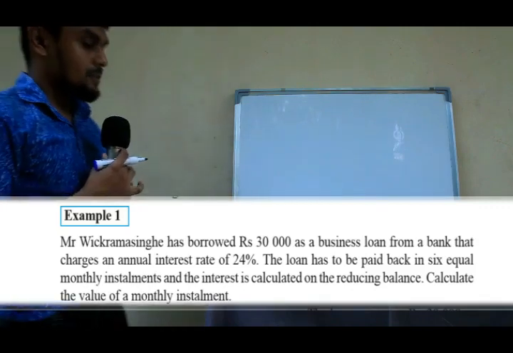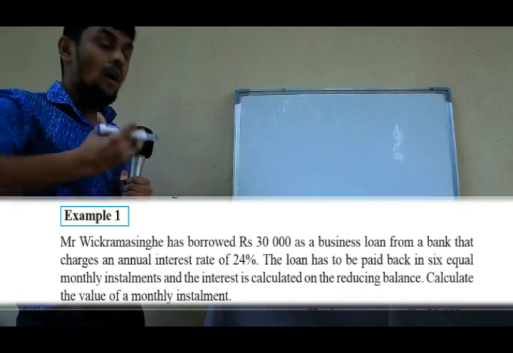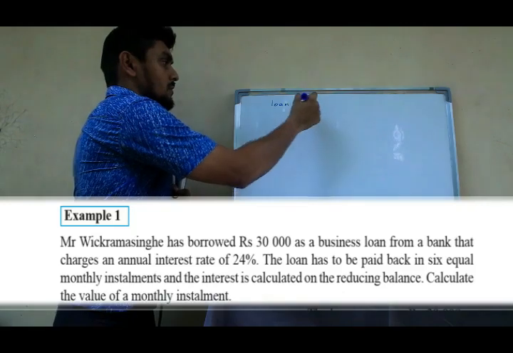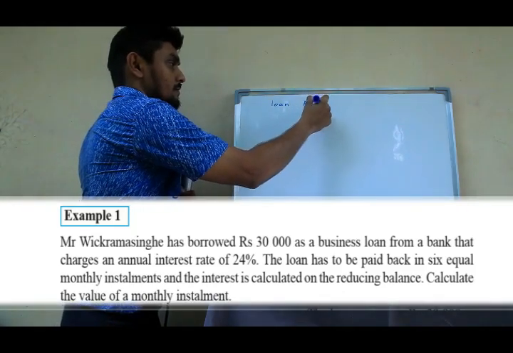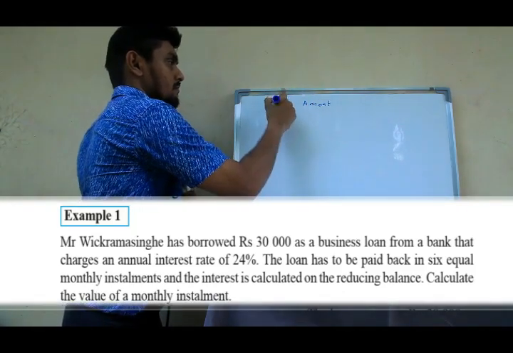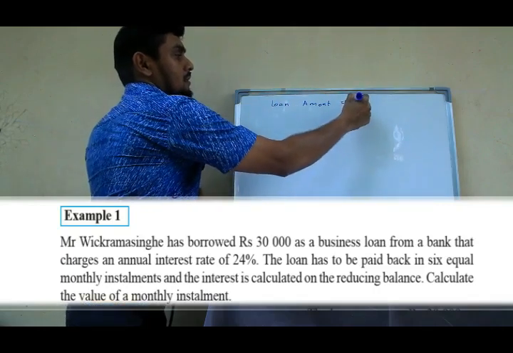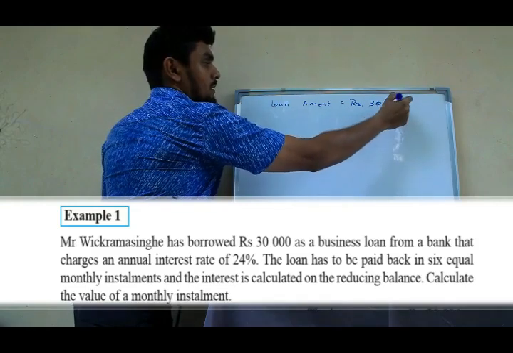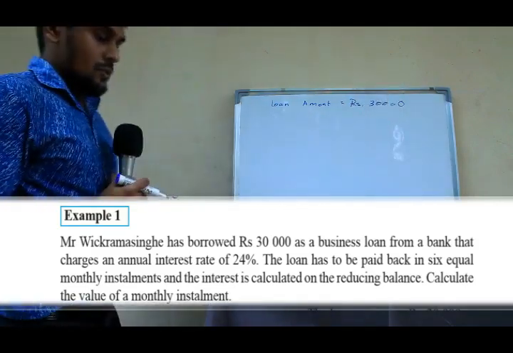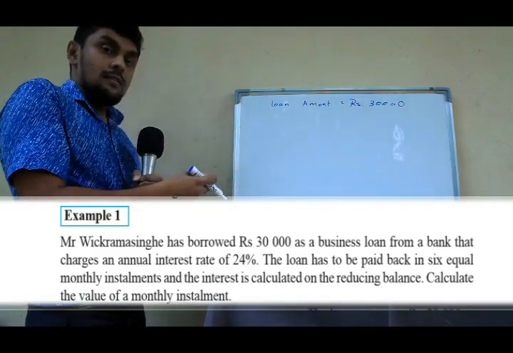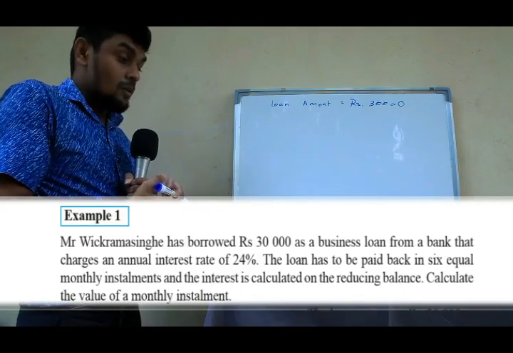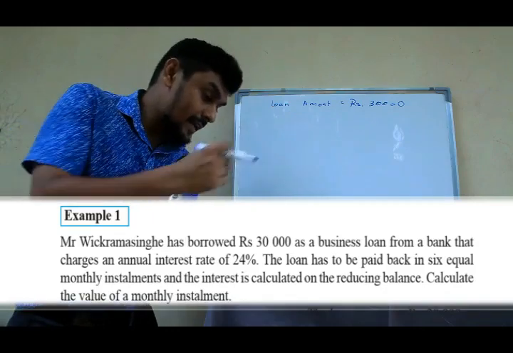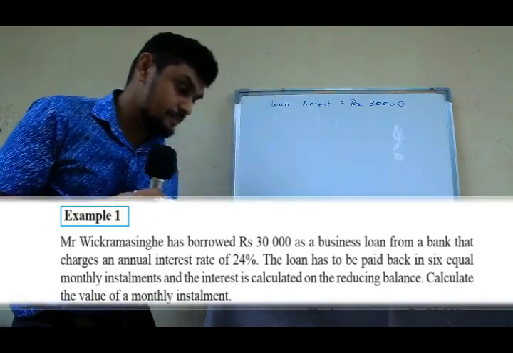Right. So first of all, what is the loan amount? Yes, right. What is the loan amount? Yes. The value is 30,000 rupees, right? So this one is the loan value. Read the question again and find out the value.